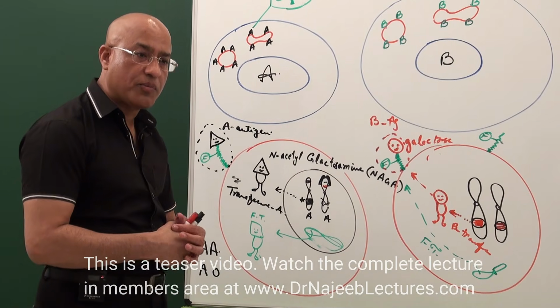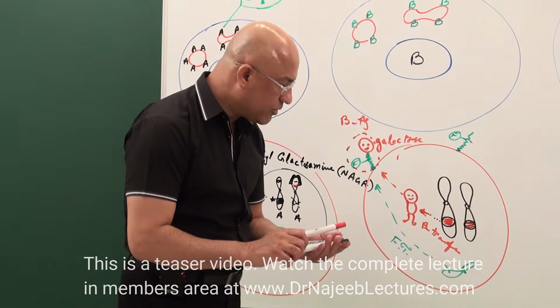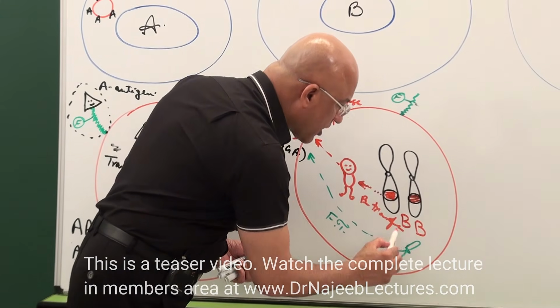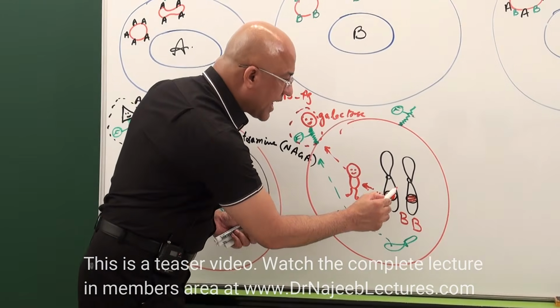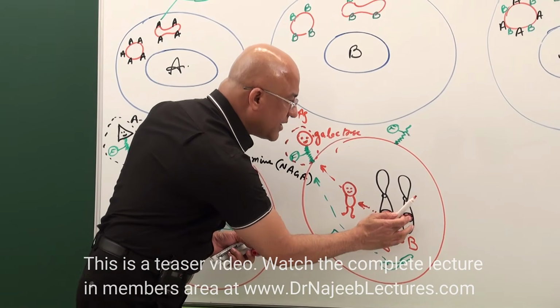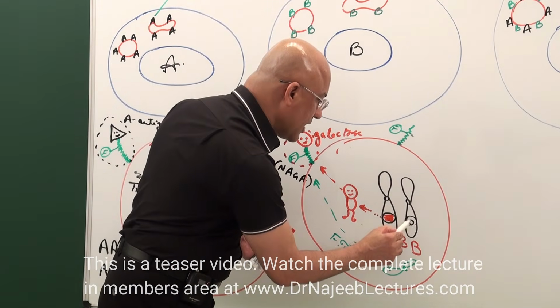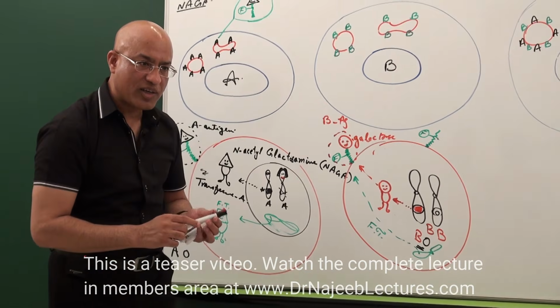But it is also possible that you get it from both parents, which is BB. Or it is possible that from one parent you get the active gene B, and on the other side at the same locus there is an inactive gene. So this will be BO. Are you understanding?